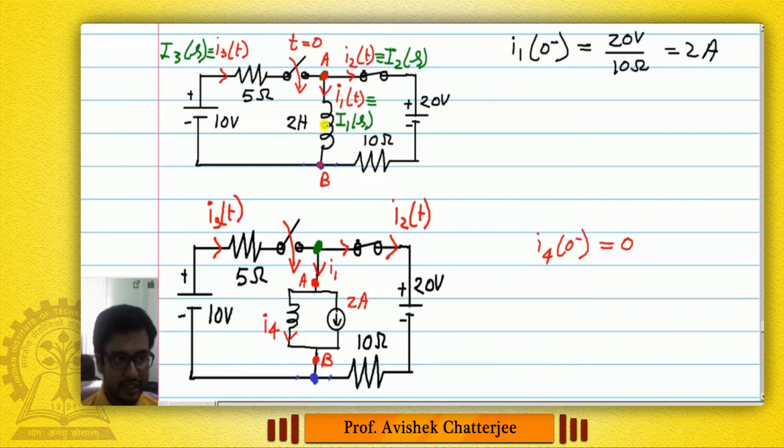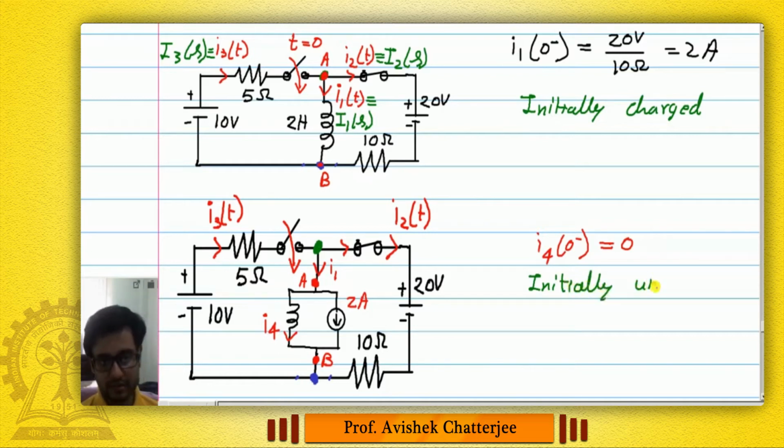However, in the original case the inductor is initially charged, while here it is initially uncharged. Notice only this part is initially uncharged, but actually the current is flowing. From outside you will see the current is flowing, which is going through this source.